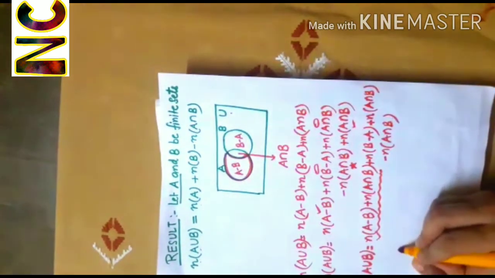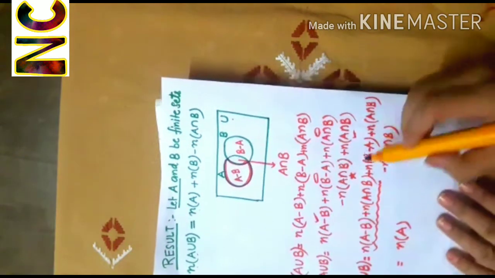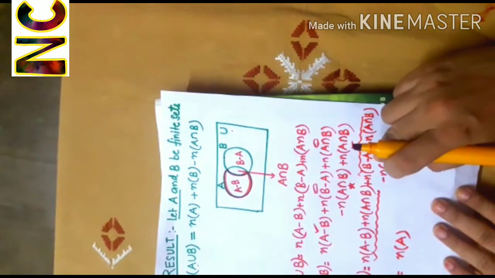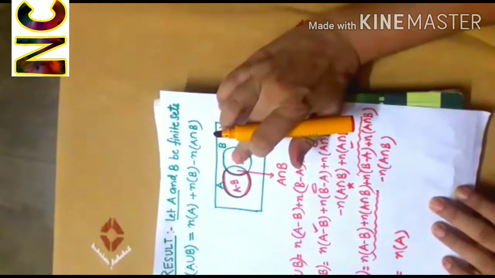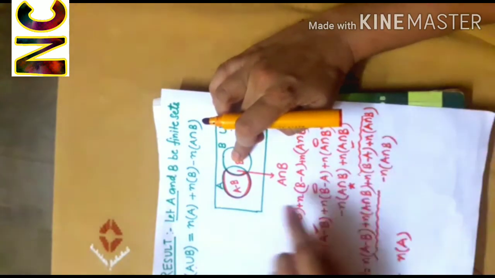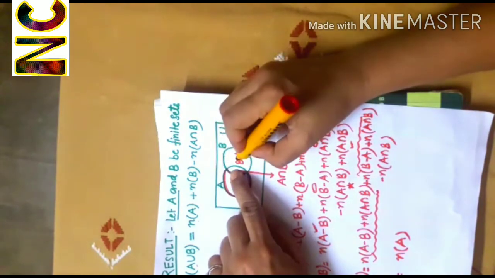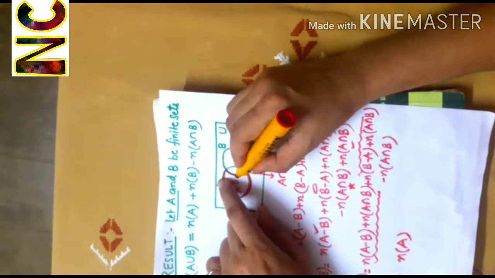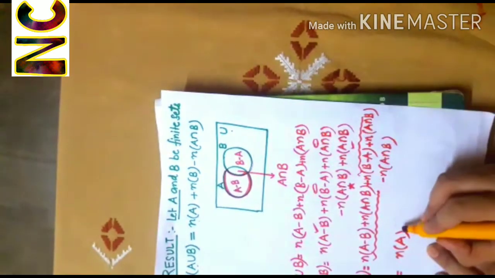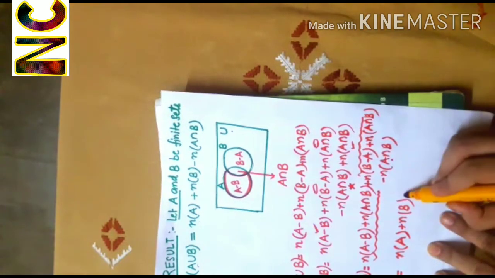So I replace this with the number of elements in the set A. Similarly, the number of elements in the set B minus A, that is this part, plus the number of elements in A intersection B, that is this region. This plus this will be equal to the number of elements in the set B. So I replace this with the number of elements in the set B, and this as it is.